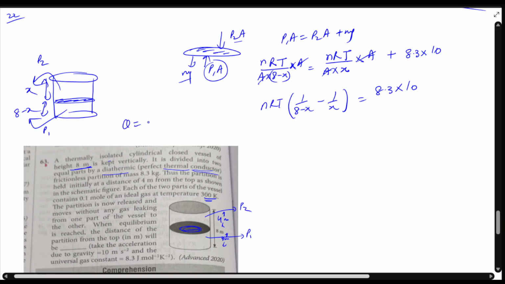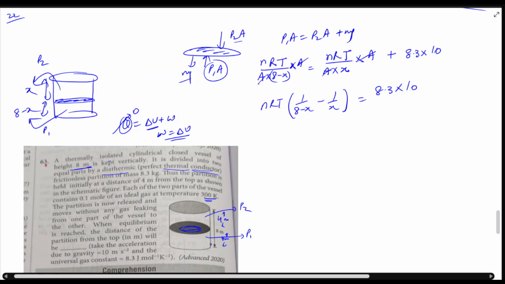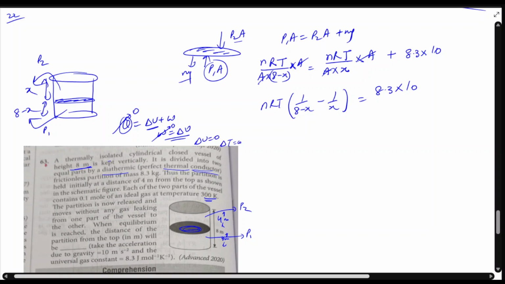Q is delta U plus W. There is no heat given from outside, so work done will be equal to delta U. And on this system, there is no work done. So delta U of the system should be 0. If delta U is 0, delta T should be 0. So the initial temperature must be equal to the final temperature.